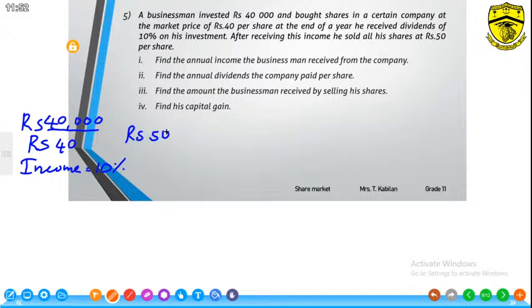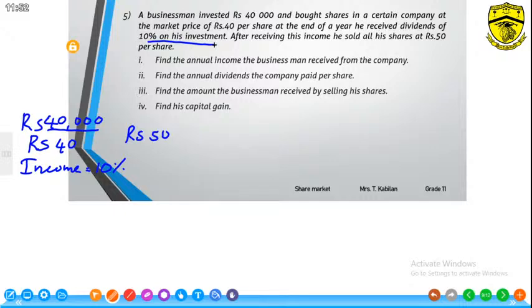Find the annual income the businessman received from the company. How do we find it? The question says he received a dividend of 10% of his investment, so we can find the annual income straight away.